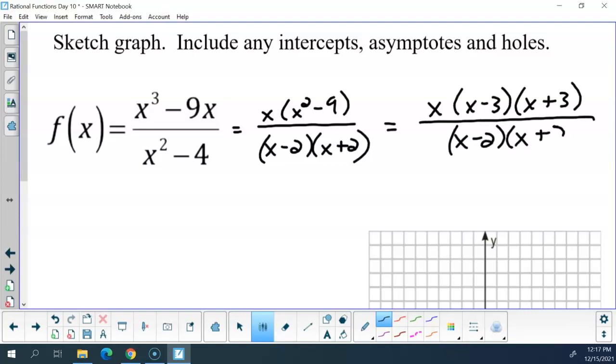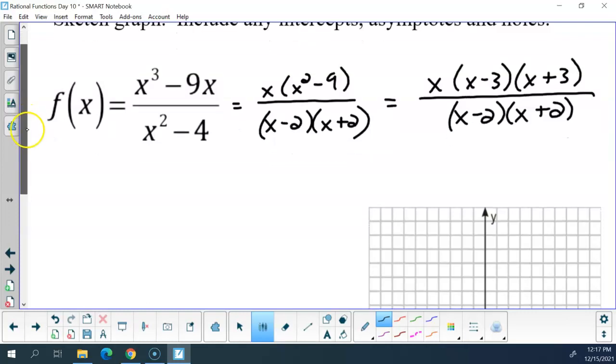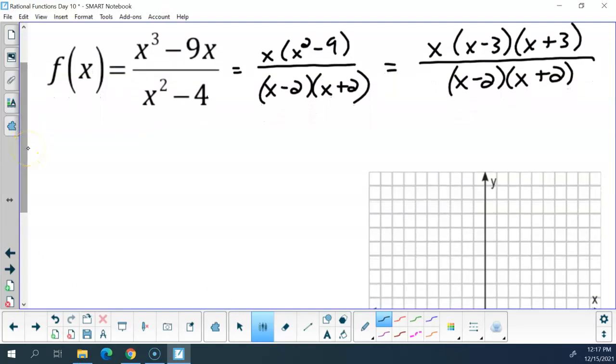Does anything cancel out? Nope. Nope. So we're stuck with this fraction, function, whatever you want to call it, all the way through.